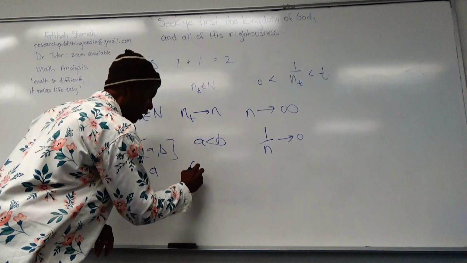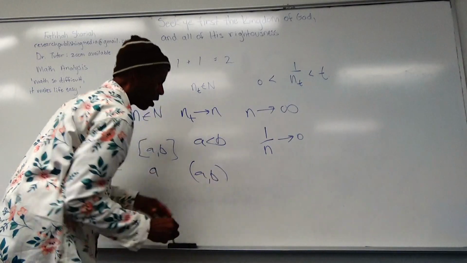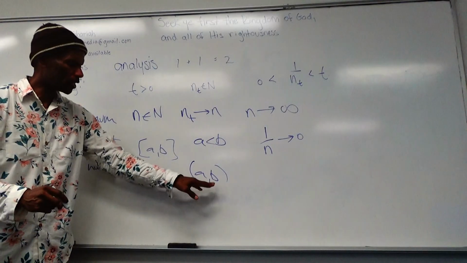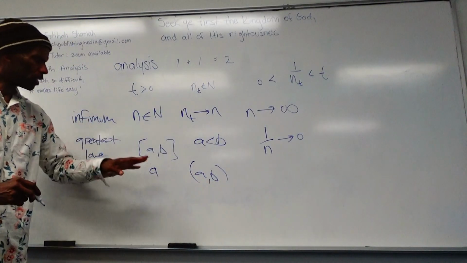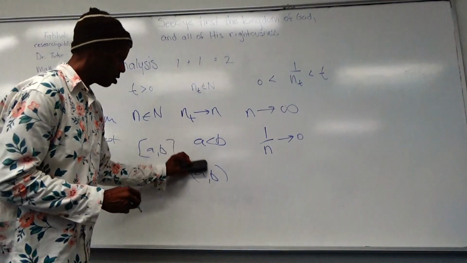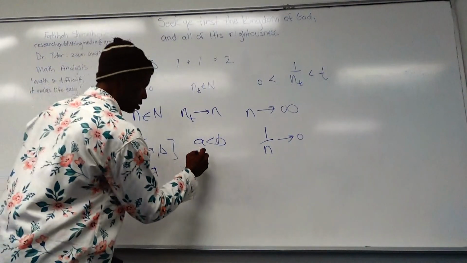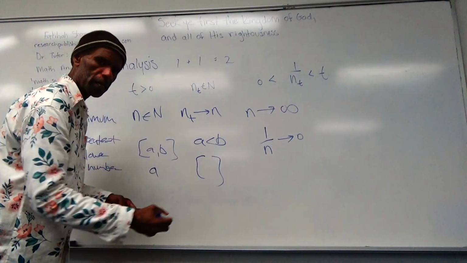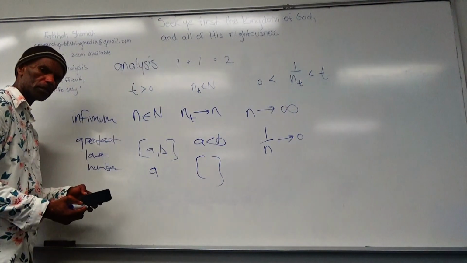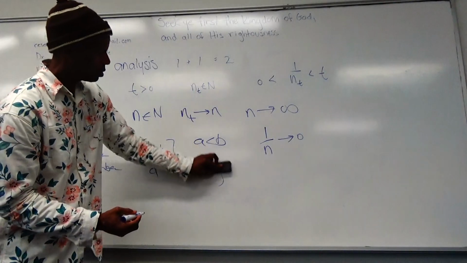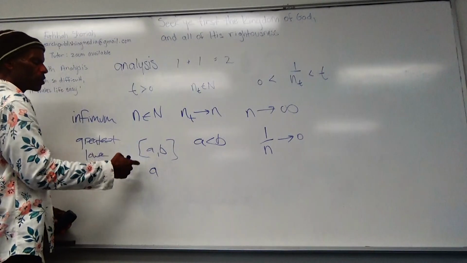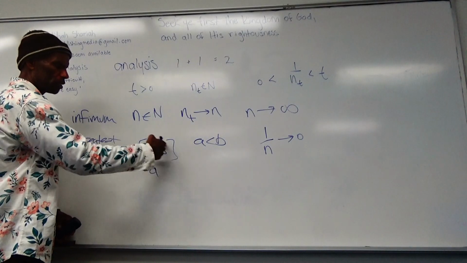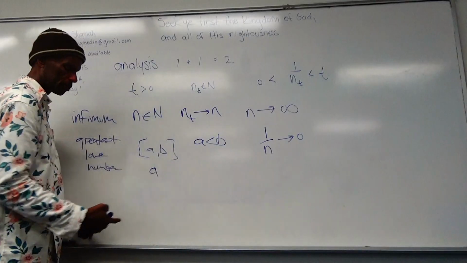If it was an open bracket, open parentheses AB, this would not be true. We would have to find that. But because it's closed, the square brackets let us know that they're just going to give you the least number. So the least value in this closed set is A, and the greatest value is B.